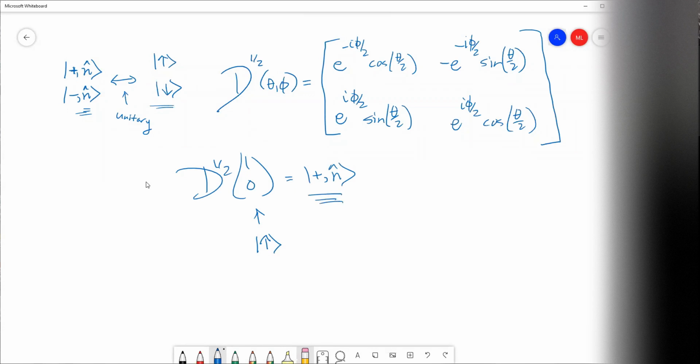You just look at the components of the eigenvector that we found from diagonalizing that S matrix, and then you see what the different pieces have to be in order for these two equations to be true, because D^(1/2) acting on spin down must give you the other eigenvector. So that's all you really need to know. That gives you the up vector piece, and this is the down vector piece.